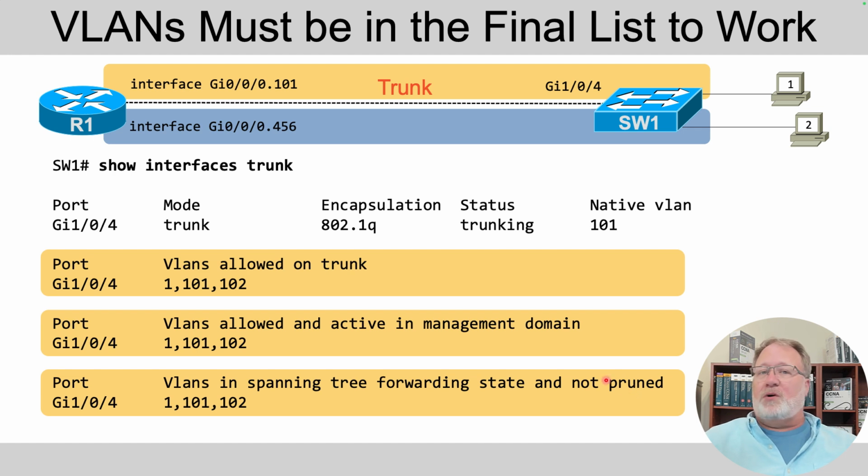So basically it's progressively more restrictive. And if we're setting up ROAS on router R1 for VLANs 101 and 102, we need to see them in this third list. That's the short version. If you do this show interfaces trunk command on the switch and don't see VLAN IDs 101 and 102 down here, then that means this switch is not going to forward any received frames or send any frames out in those VLANs because it's not in this last list, and so traffic can't flow.